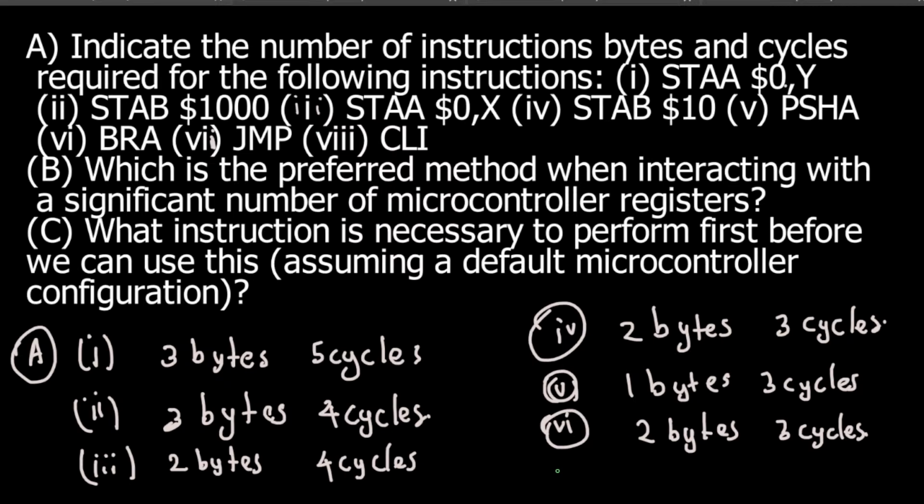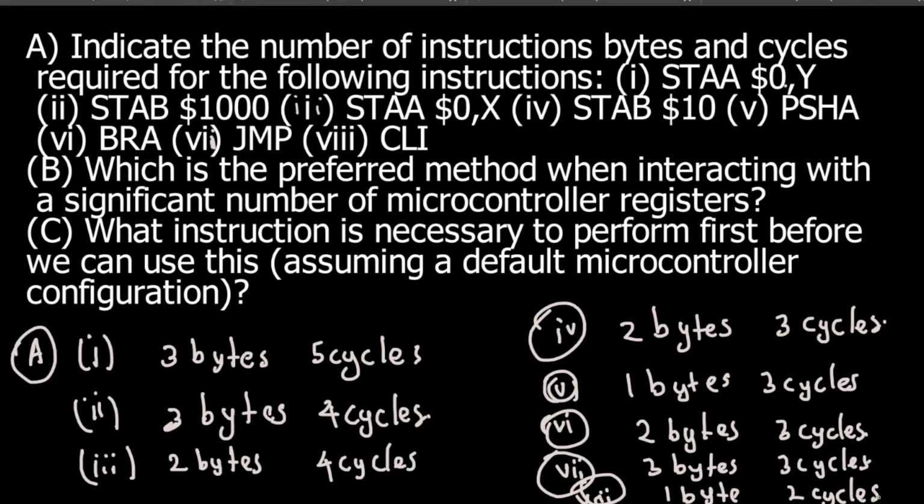Jump requires 3 bytes and 3 cycles. And the last one we have is clear interrupt flag. That one only requires 1 byte and 2 cycles.